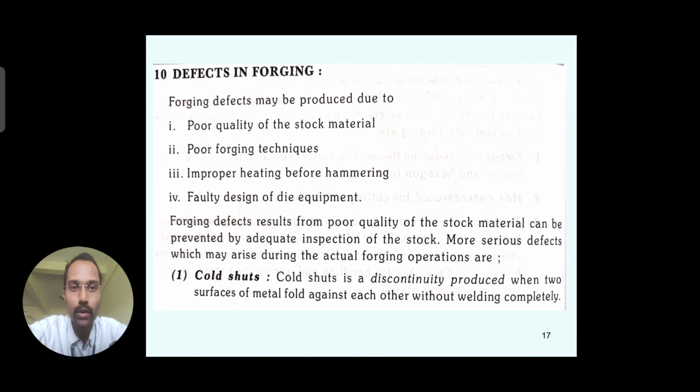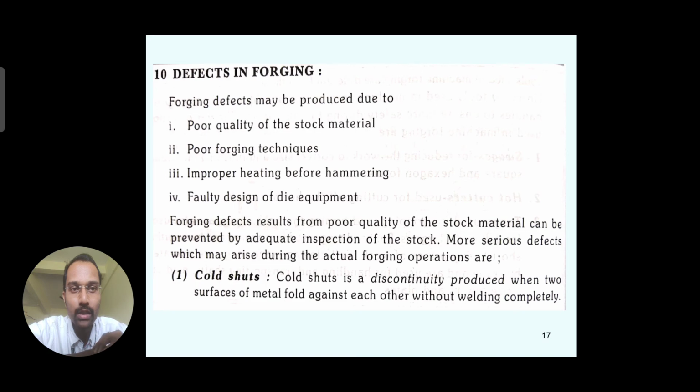The first one is the cold sheds. This will occur whenever proper welding is not done. When the joint has been made and we go on striking with the hammer, finally both the metals come into contact with each other, and after cooling they get welded.